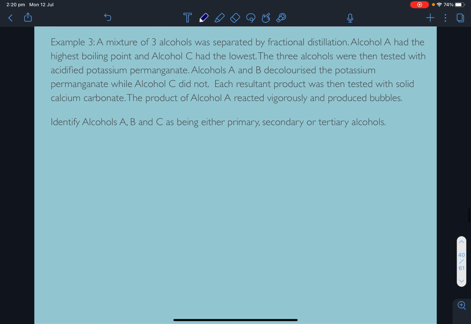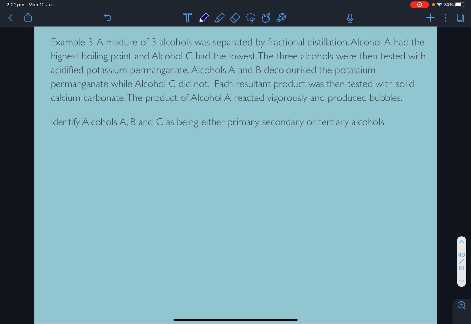Look at this wordy one. A mixture of three alcohols was separated by fractional distillation, so separated by their boiling points. Alcohol A had the highest boiling point. Alcohol C had the lowest, so alcohol B must be in the middle. The three alcohols were then tested with acidified potassium permanganate.